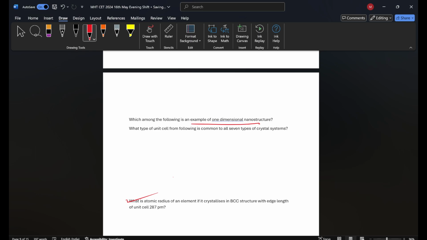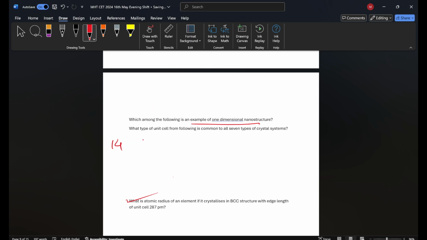What type of unit cell? My friends, we all know we have 14 Bravais lattices, right? So can you name all of the 7 crystal systems that were given in the chart? This is a question to you. Ask yourself if you remember.